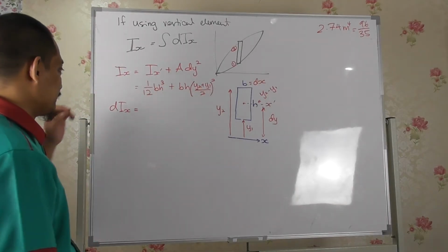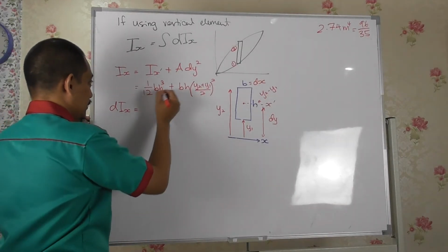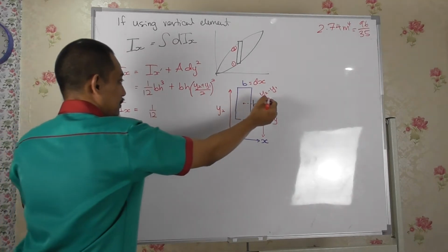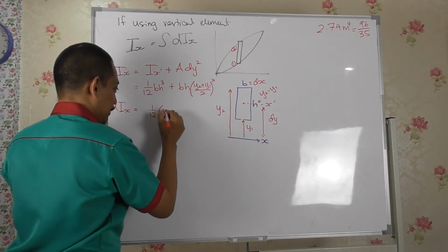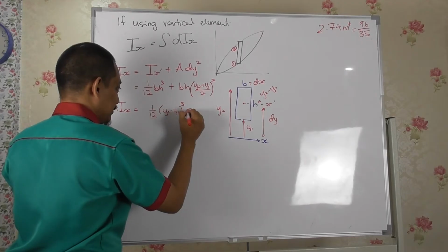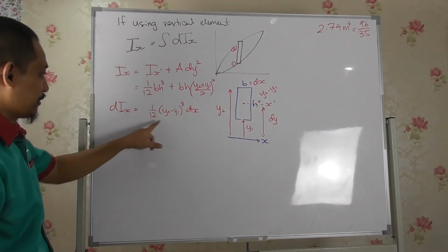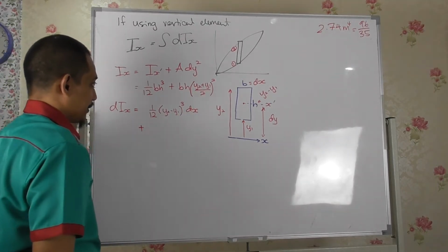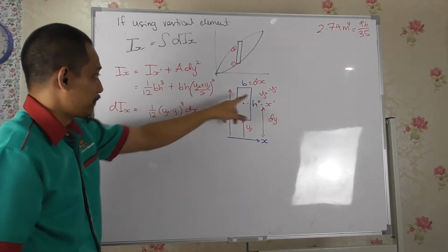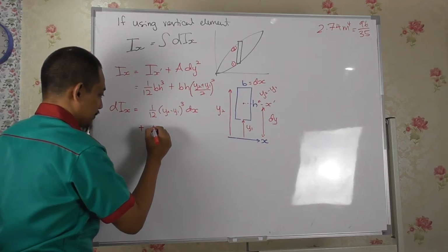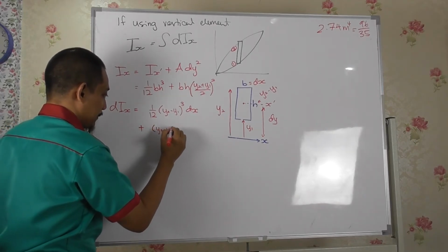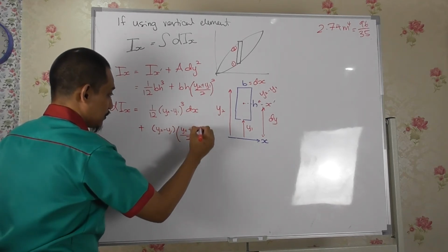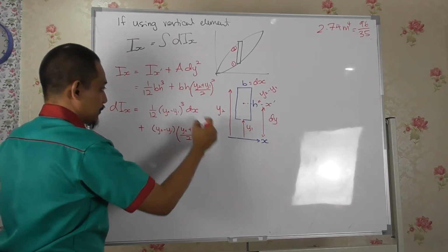When we plug in, for this part we have 1 over 12, B becomes dx, and H cube becomes y2 minus y1 cube, then dx. And for this one, plus B, which is dx, times H, which is y2 minus y1, times y2 plus y1 over 2 squared, and then dx.